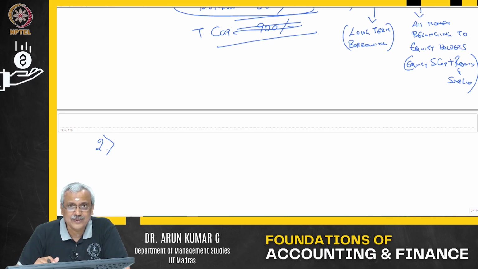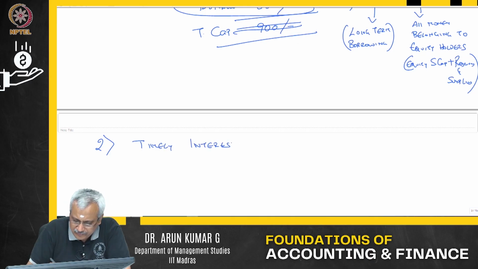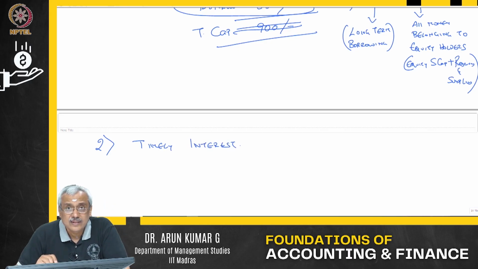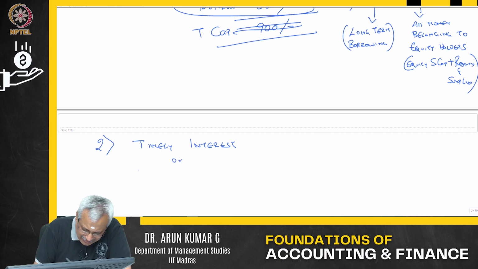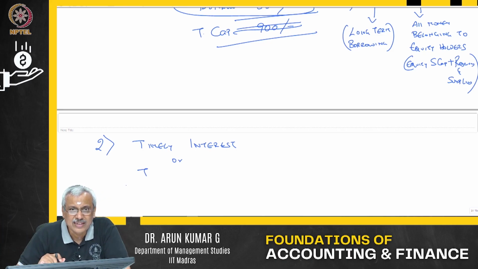Now, the second aspect the debt provider will be interested in is whether he will get timely interest, or whether he will get timely repayment of principal. Supposing the principal repayment is in various installments. I borrow 10,000 crores and every year I pay 1,000 crores back.